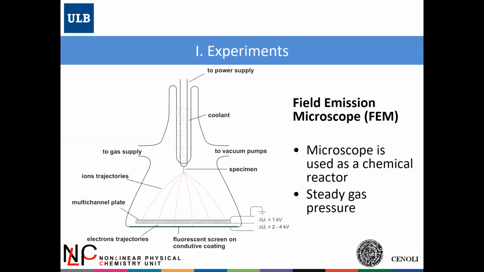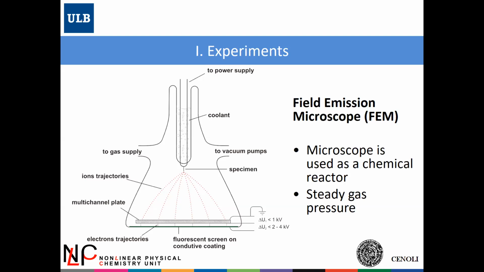In front of this sample, one places a metallic plate that will play the role of a counter electrode, because the difference of potential is applied between the sample and the counter electrode. If this voltage is sufficiently high, then electrons can be ejected from the sample.